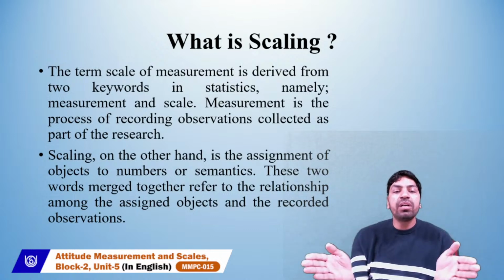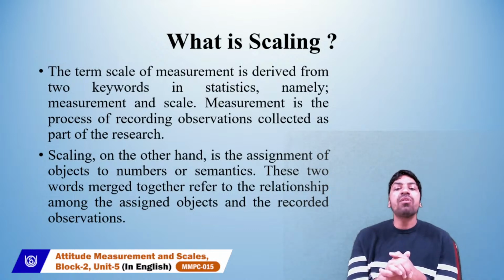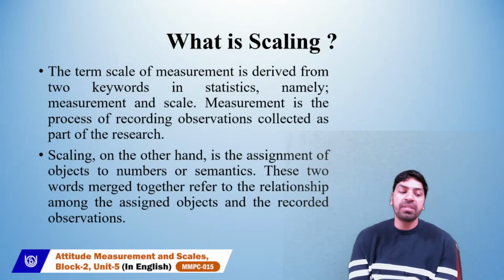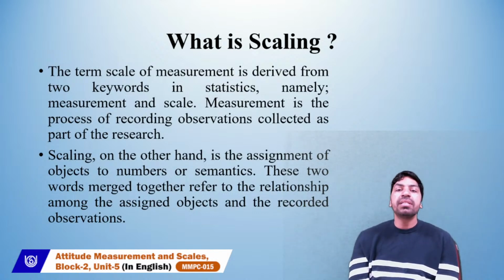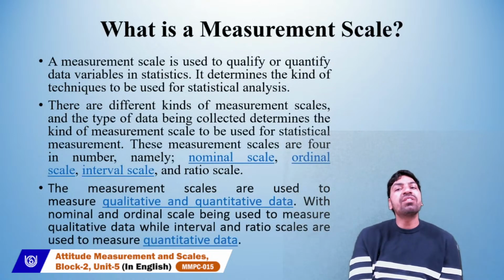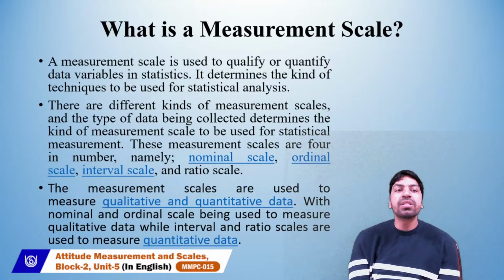So if we merge these two words together, it shows a relationship between the assigned objects and the recorded observations, which is called scaling. What is a measurement scale? A measurement scale is actually used to qualify or quantify the data variables in statistics.